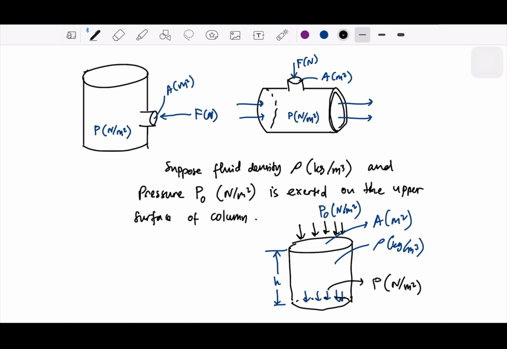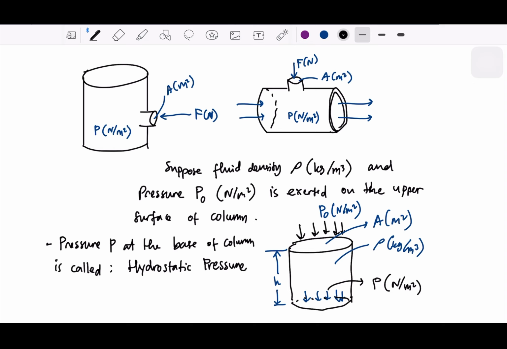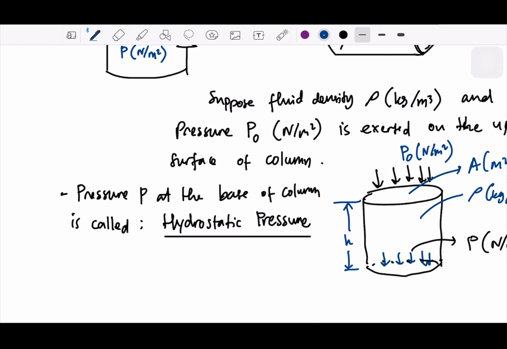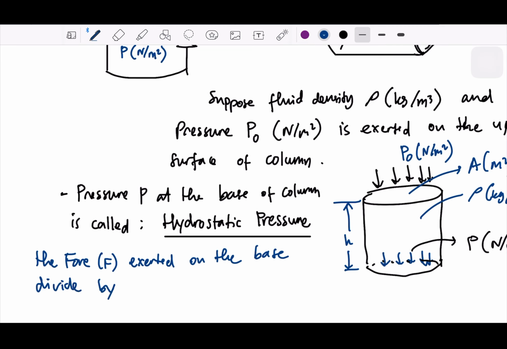Okay. Now the definition is for the pressure, or P. So pressure P at the base of the column is called hydrostatic pressure. By definition, this is the force F exerted on the base divided by A, the base area.